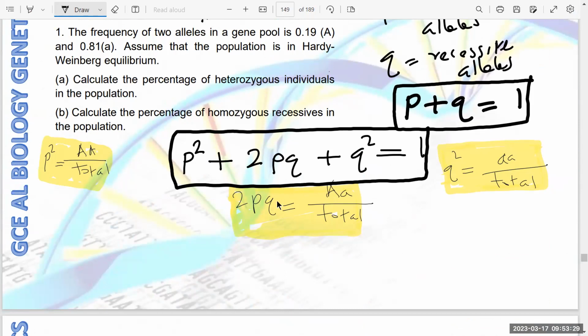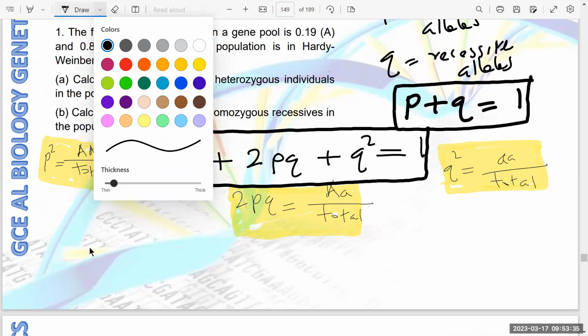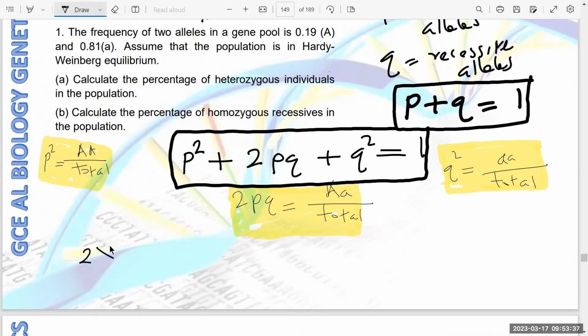So we can directly use the 2pq to calculate the heterozygous individuals. So 2pq equal to, p is 0.19, q is 0.81.